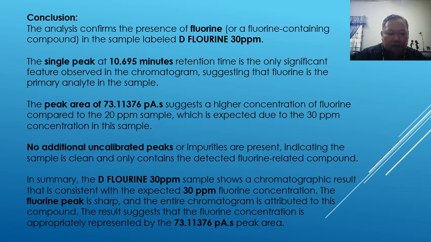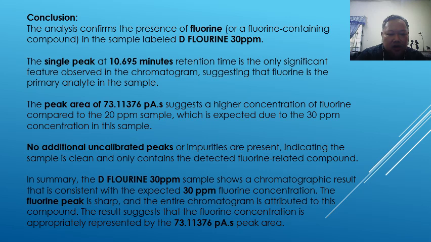The peak area of 73.11376 pA suggests a higher concentration of fluorine compared to the 20 ppm sample, which is expected due to the 30 ppm concentration in this sample.